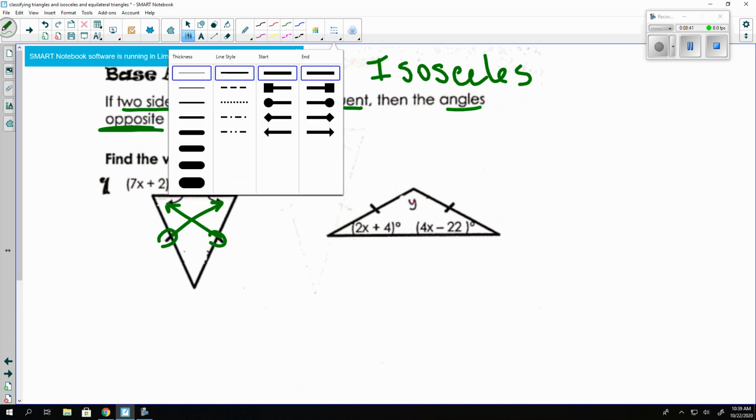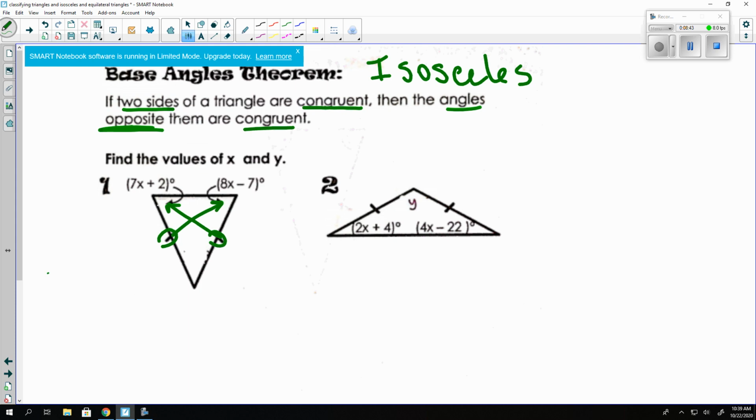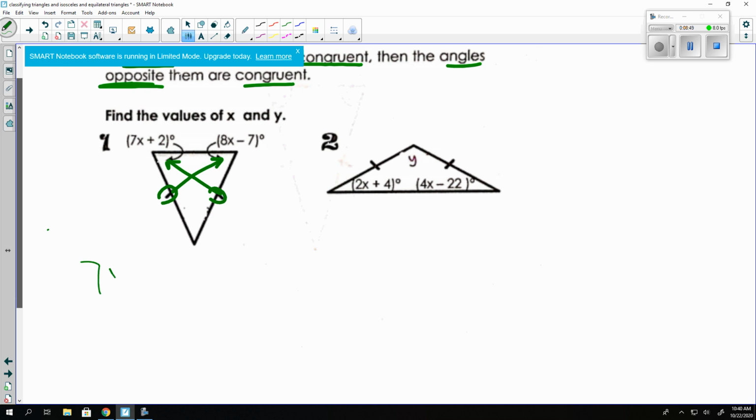So we need to take the expressions here and set them equal to each other. So we will have this 7x plus 2 is going to be equal to this 8x minus 7. And then we just need to solve this for x. I'm going to take my small x, which is the 7x, over to the big one.